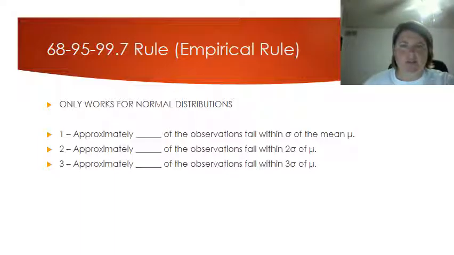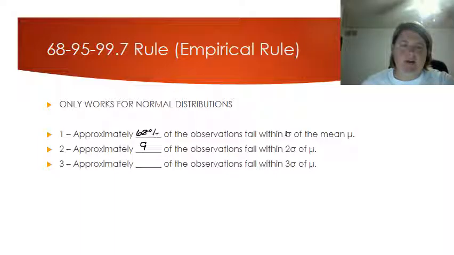So let's talk about the 68, 95, 99.7 rule. Some textbooks call it the empirical rule. This only works for normal distributions. 68% of the observations fall within one standard deviation of the mean, to the left and right.